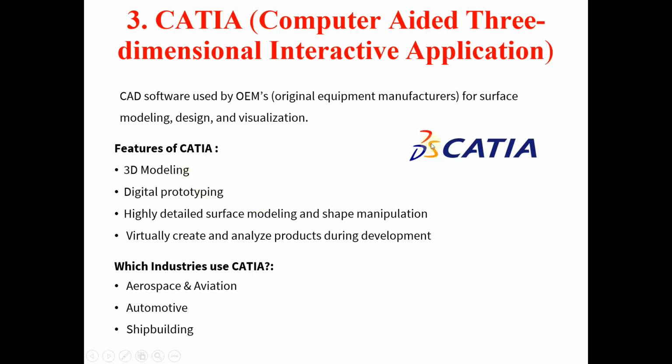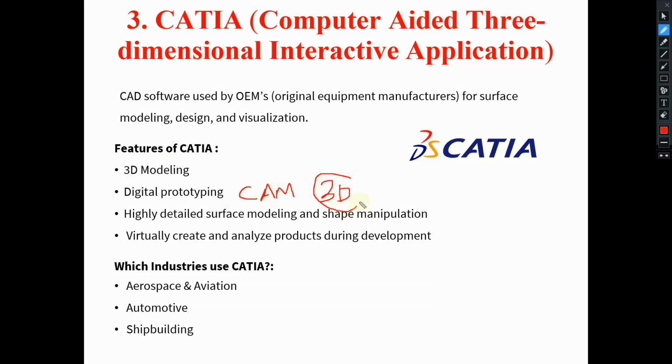3D modeling is also possible. We have many different options for creating 3D models similar to SolidWorks. CATIA can also do solid modeling, but highly detailed surface modeling is the speciality of CATIA. Digital prototyping, which means we can use CATIA for computer aided manufacturing purposes also, like 3D printing.